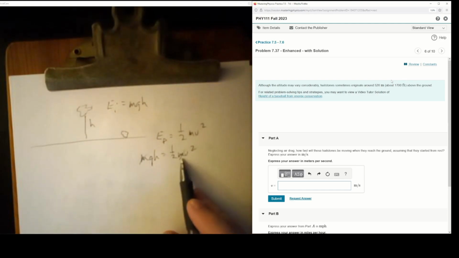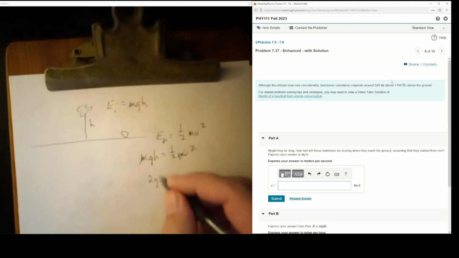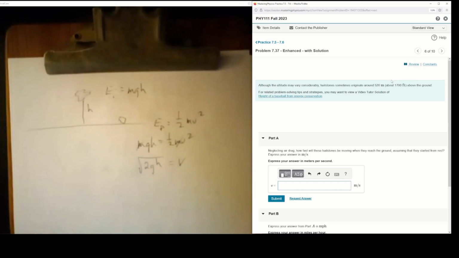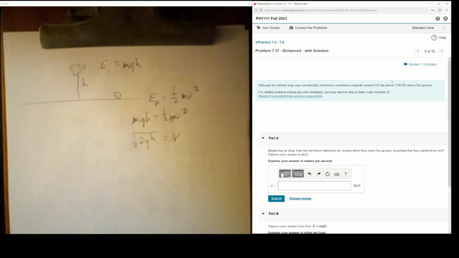And if we're looking for velocity, we'll just multiply both sides by 2, take the square root, and we get our velocity there. This is actually 101 if I round. 101.